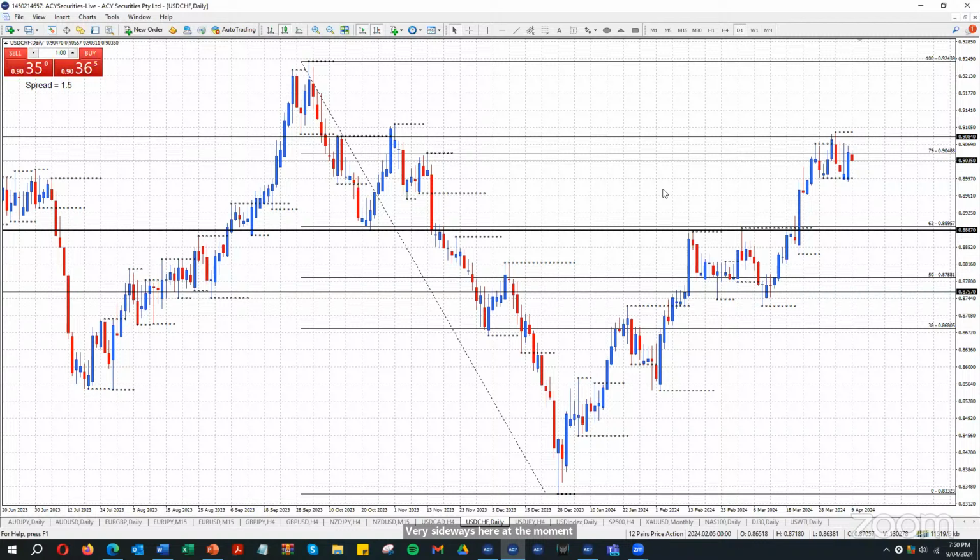If we're going to the downside, it'd be nice to see the daily chart clear this area. So if we can see a break, then a rally, and then price doing its thing down this way.